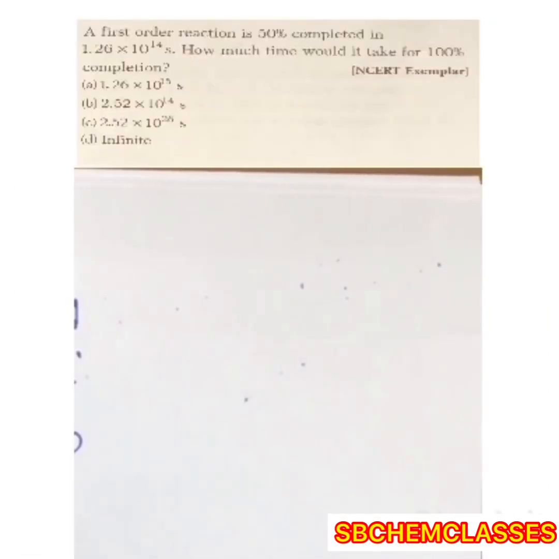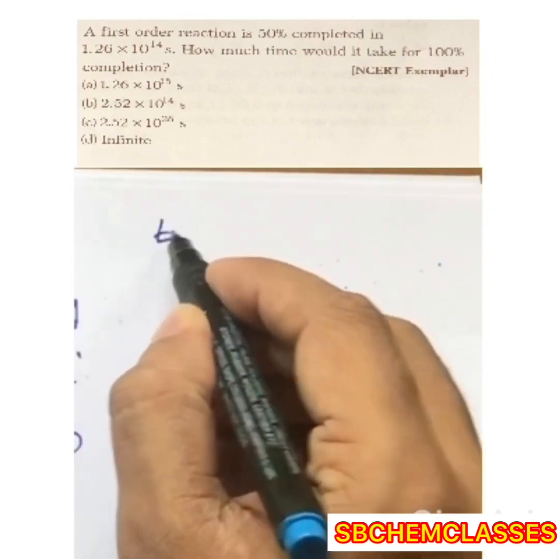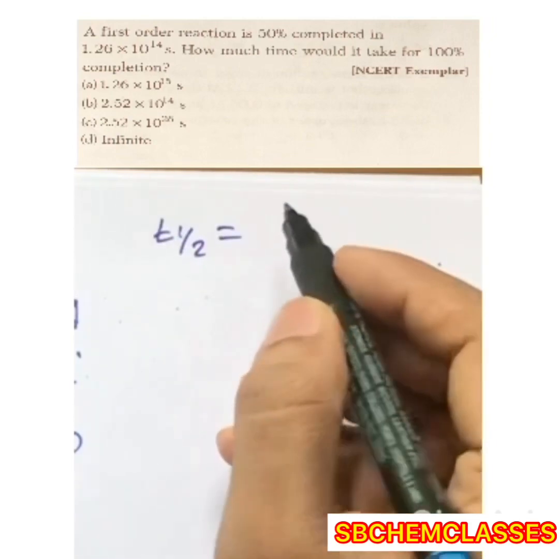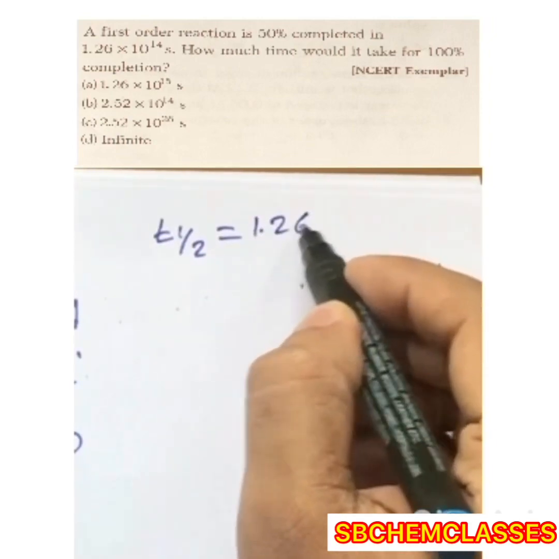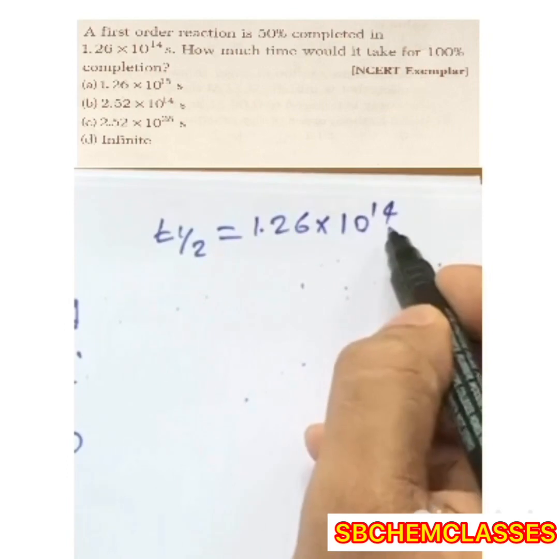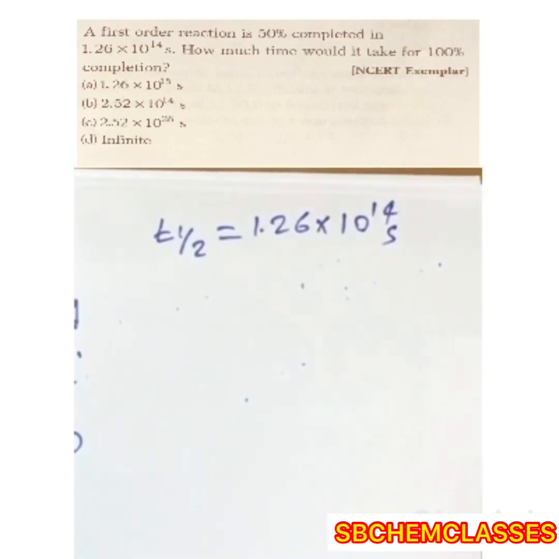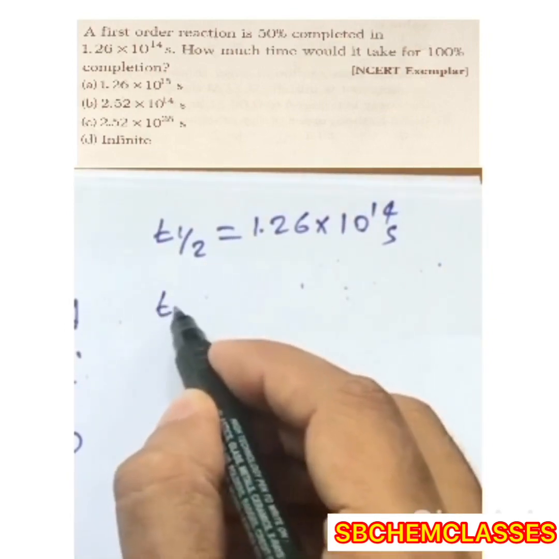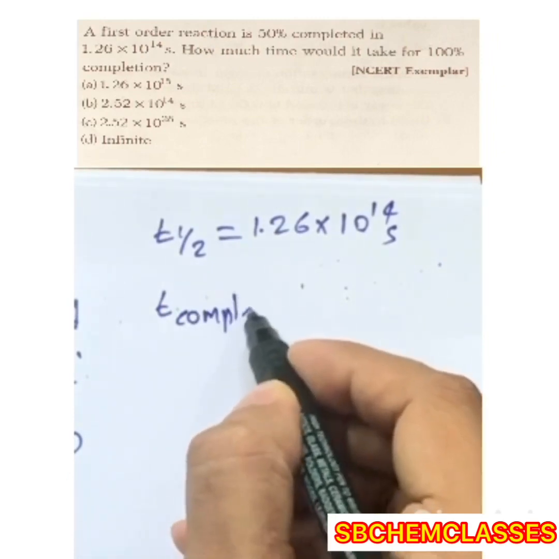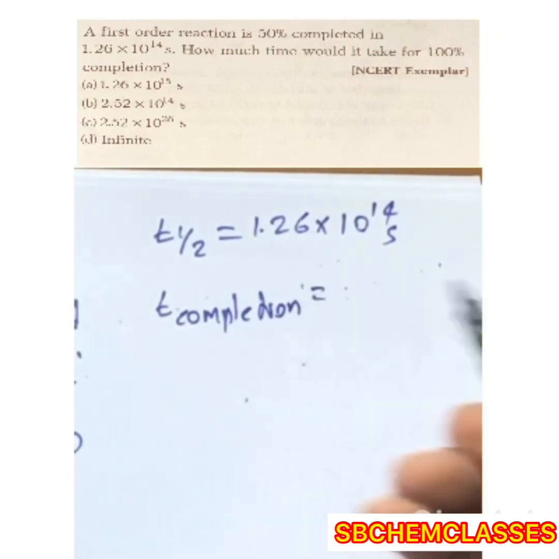A first order reaction is 50% completed in 1.26 into 10 raised to 14 second. How much time would it take for 100% completion? So for first order reaction, T half is given, 1.26 into 10 raised to 14 second, and we have to calculate T completion, that is 100% reaction.